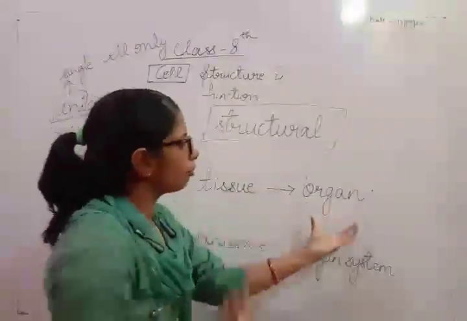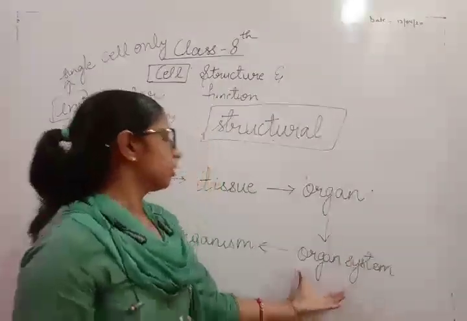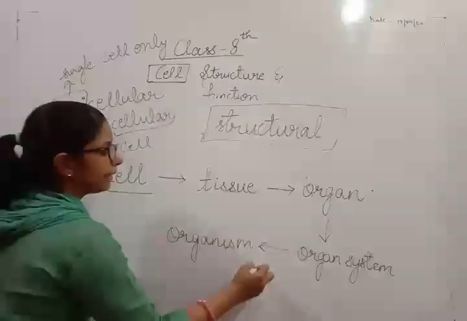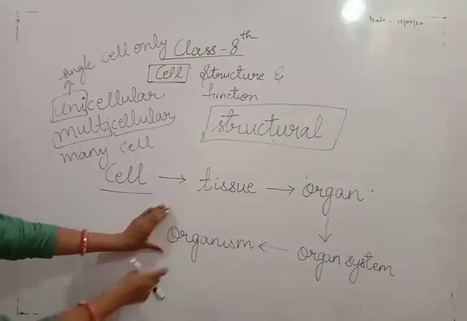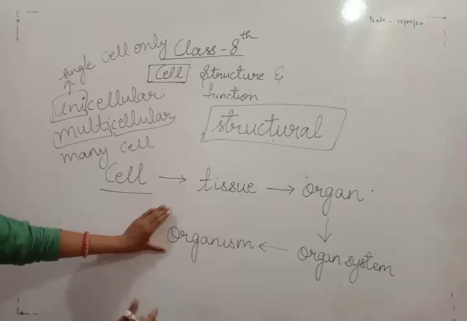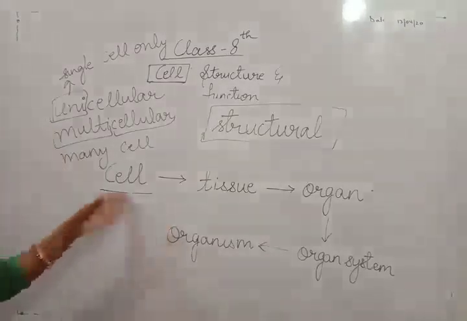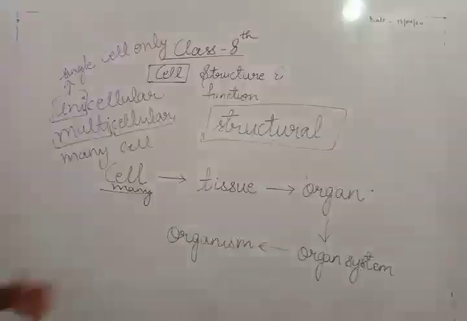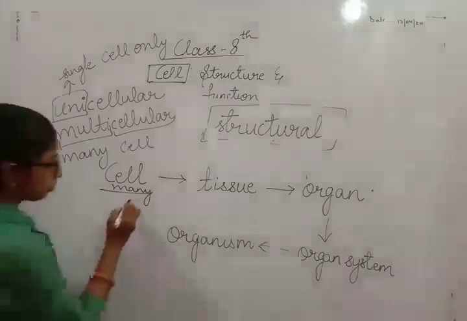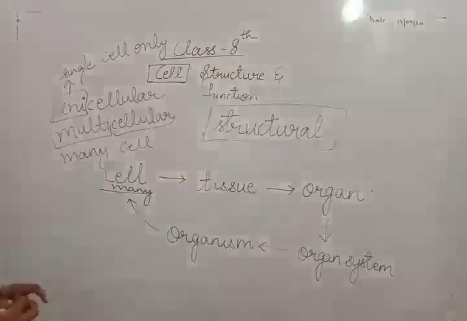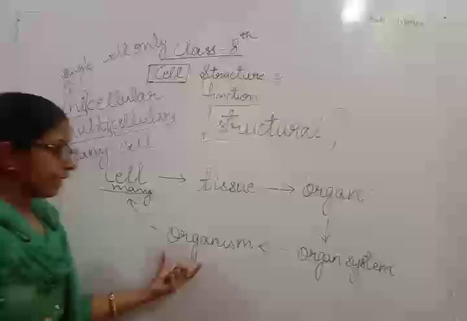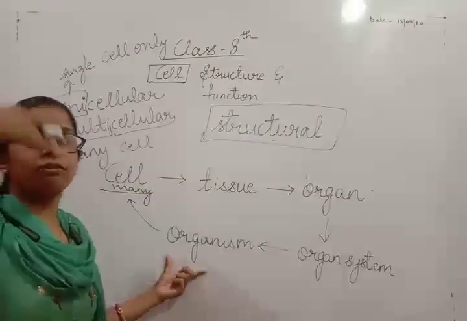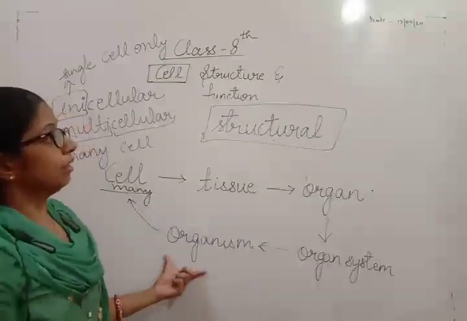Various organs come together and form an organ system, and various organ systems come together to form a complete organism. So we are seeing here that an organism is made up of many cells, forming multicellular organisms of different size and shape.